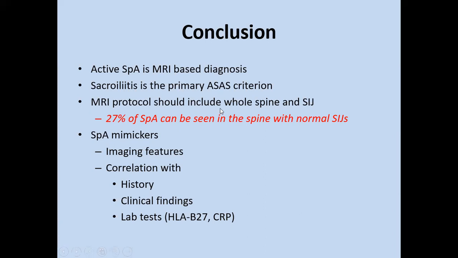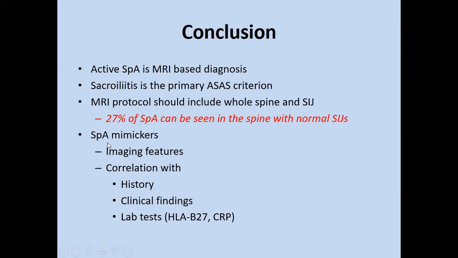We normally image the spine as well as the sacroiliac joints because, as we mentioned earlier, studies have shown that 27% of these patients may have disease in the spine with completely normal sacroiliac joints.